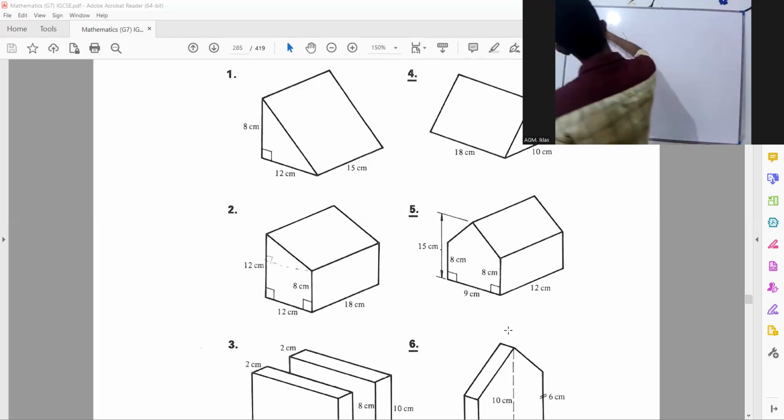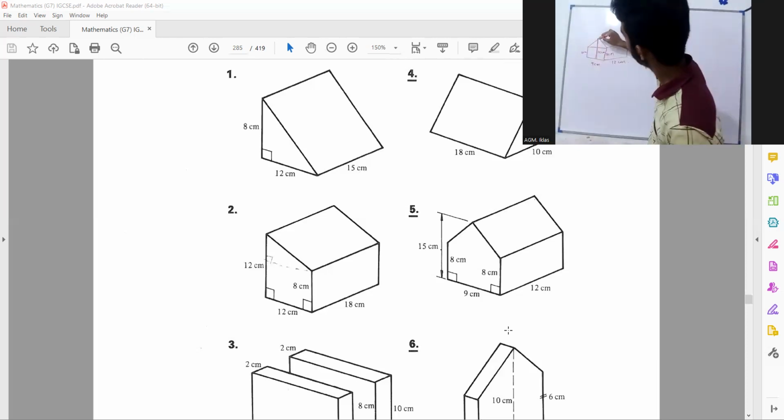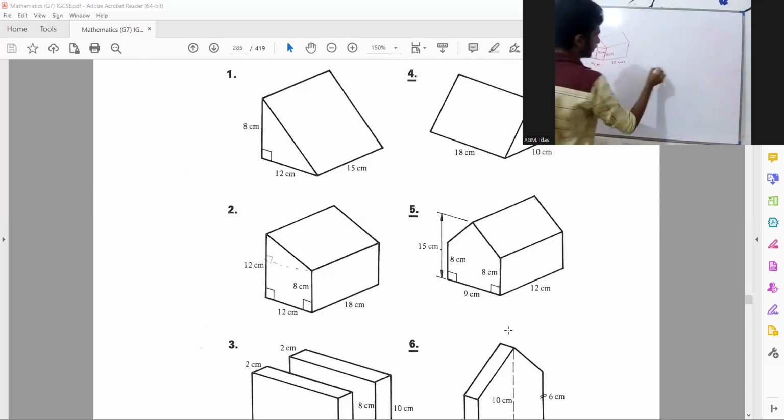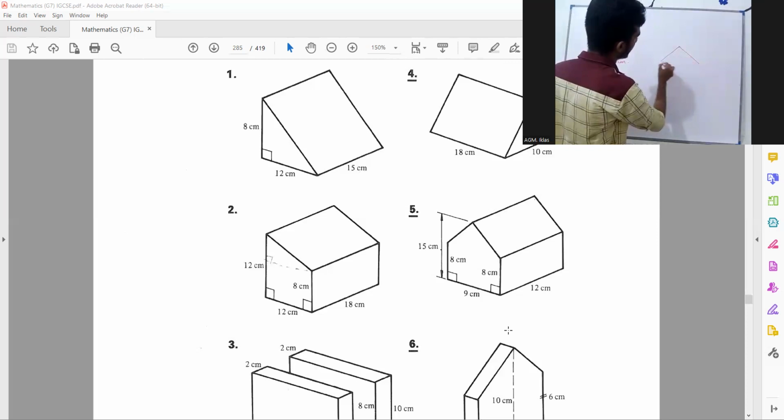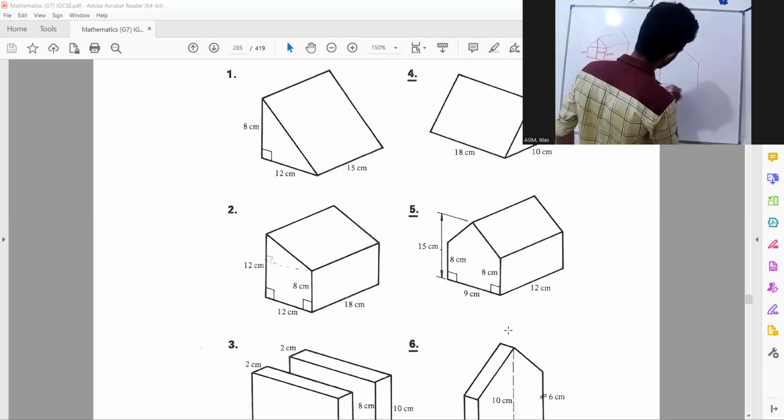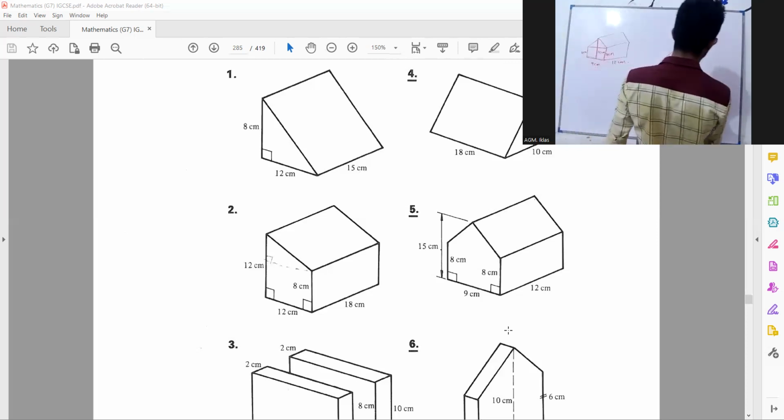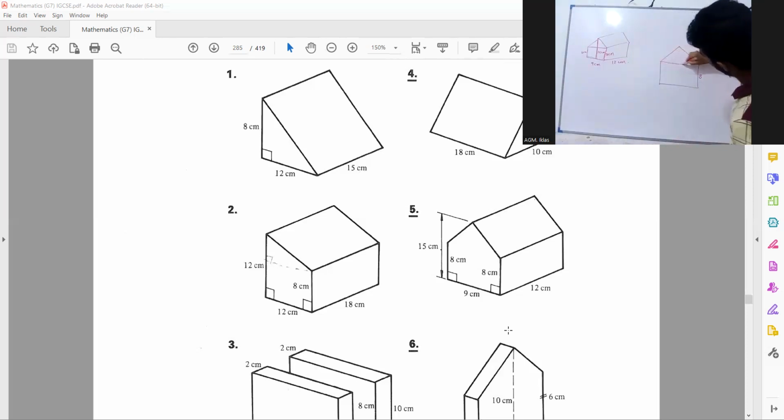So this is the cross section of this object. If we consider the cross section, this is 8 and this is 15. I'm going to divide this into a rectangle and a triangle.